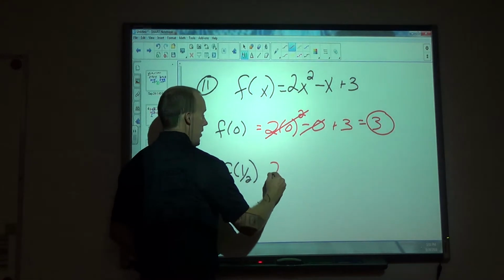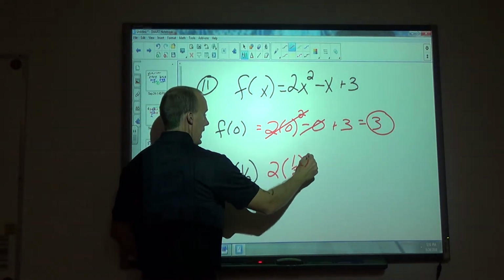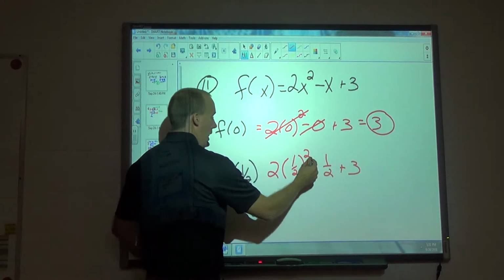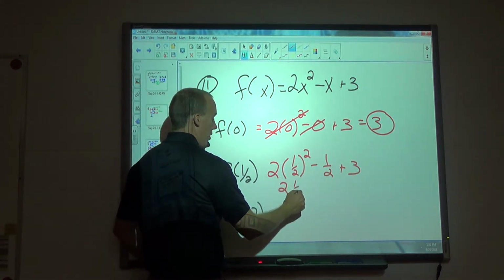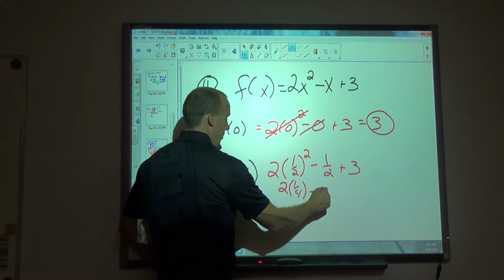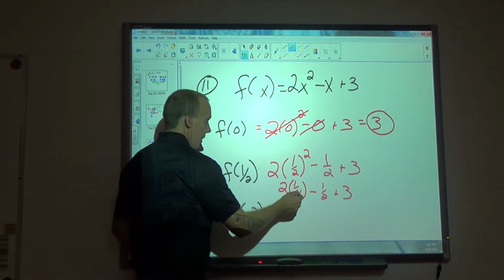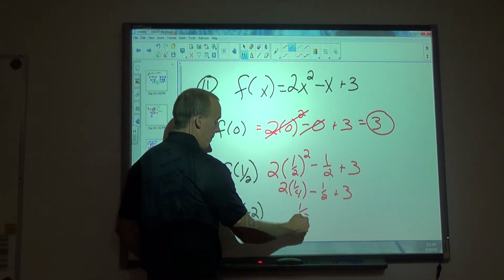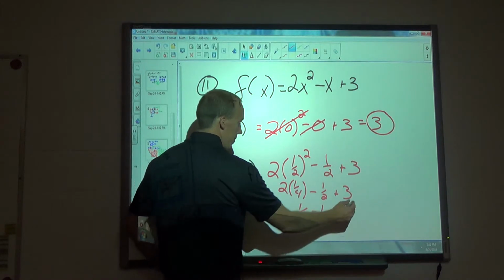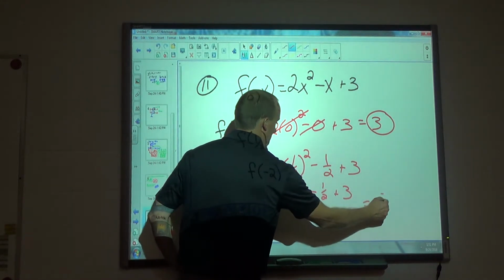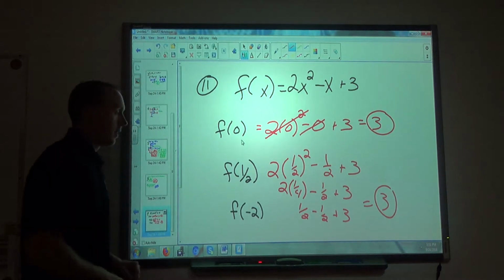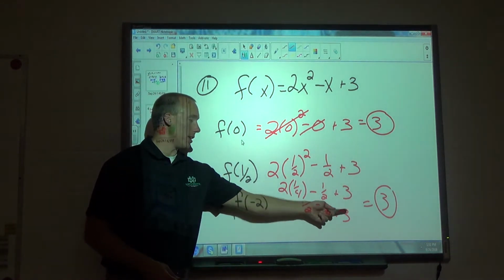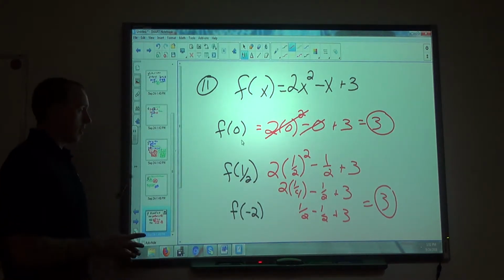Yeah. Again, you can plug this in your calculator. Square a half, it's a fourth. A quarter of 2 would be half. Oh, that's wild. Could that also give me 3? Because a quarter of 2 would be a half, and then half minus half is 0 plus 3. Would hook me up with a 3.